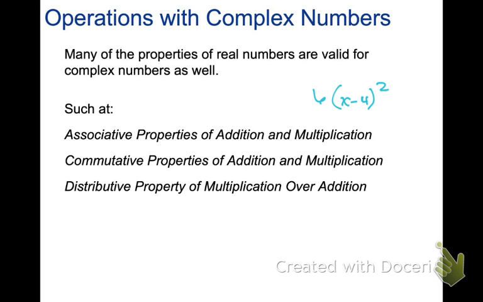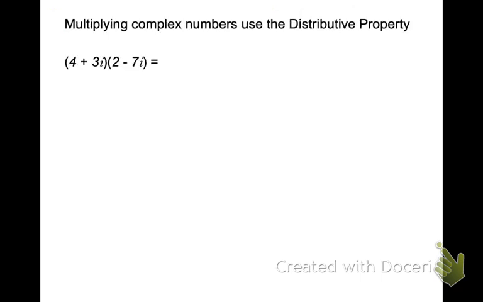No, because you have to do the exponent first. But you can do everything with imaginary numbers just like if it was a variable. Just do your math like it's a variable. That's it. So what am I going to do with these two? Multiply them.